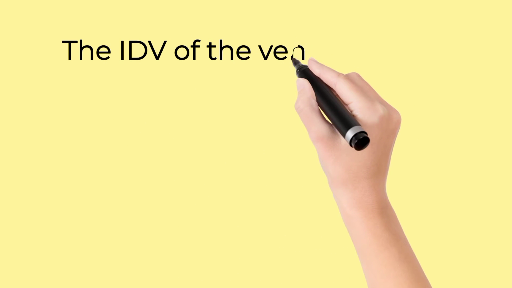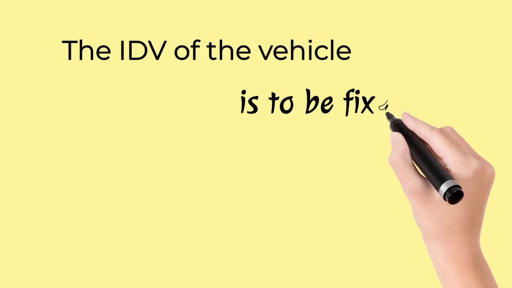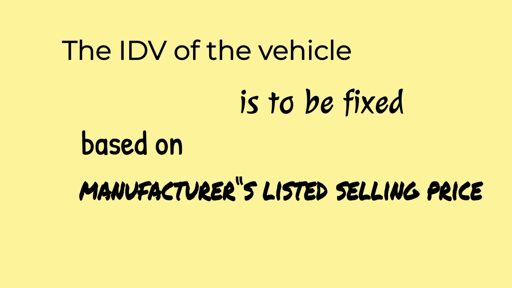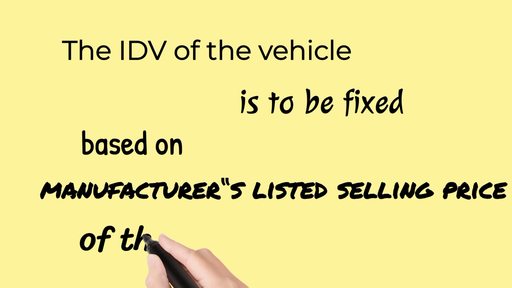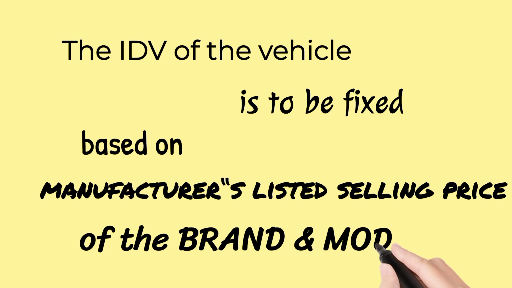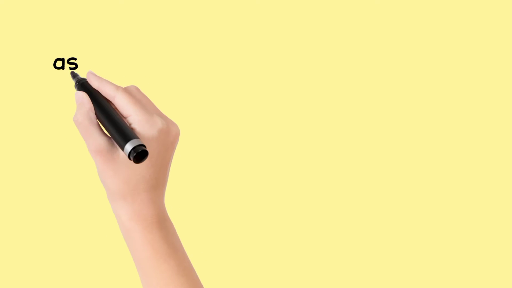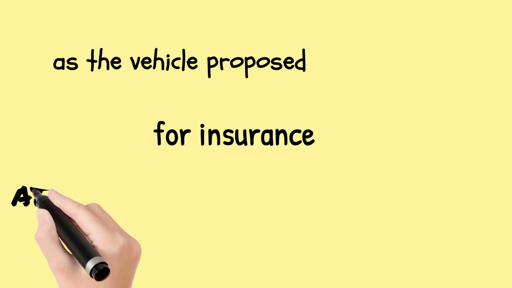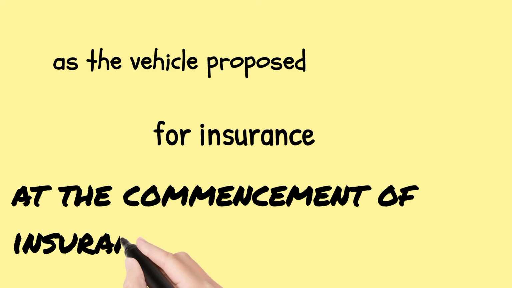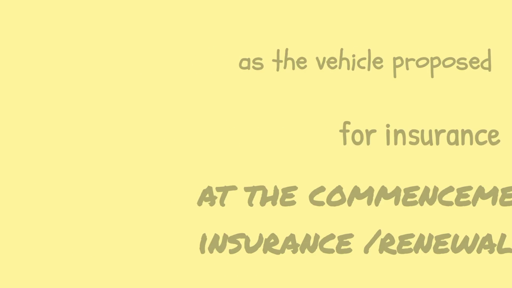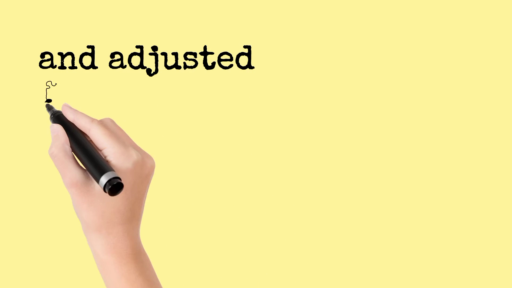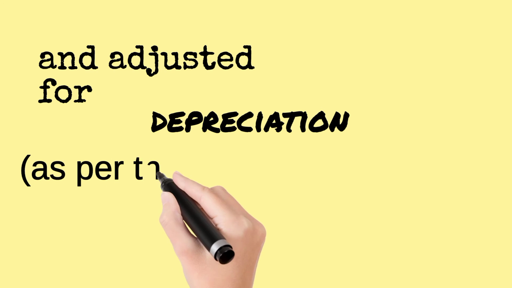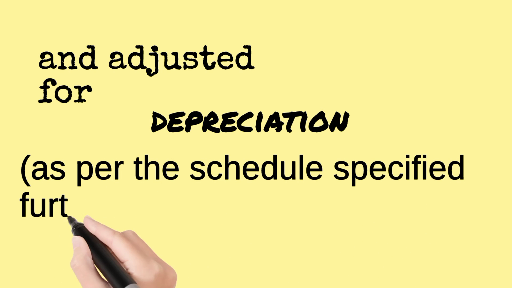The IDV of the vehicle is to be fixed based on manufacturer's listed selling price of the brand and model as the vehicle proposed for insurance at the commencement of insurance or renewal and adjusted for depreciation as per schedule specified further.